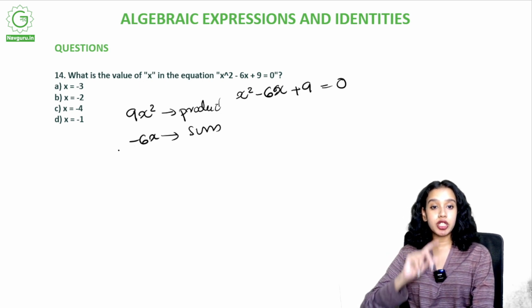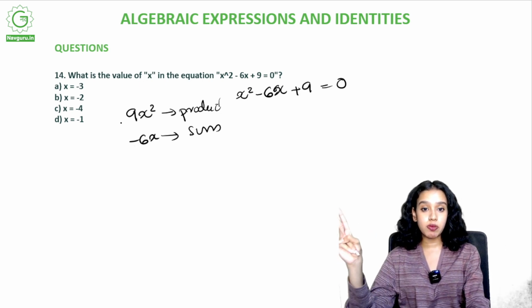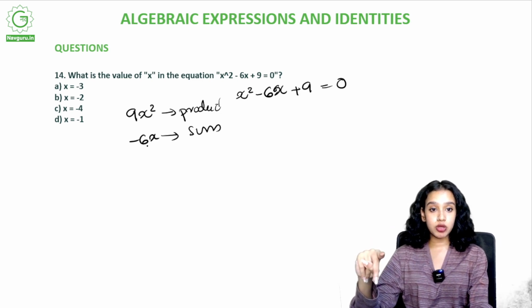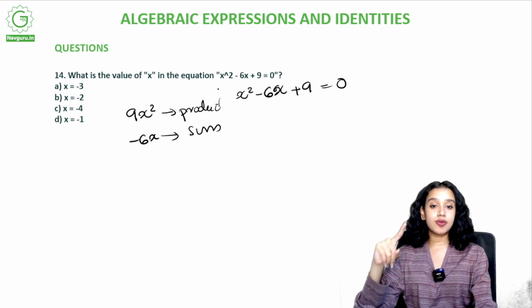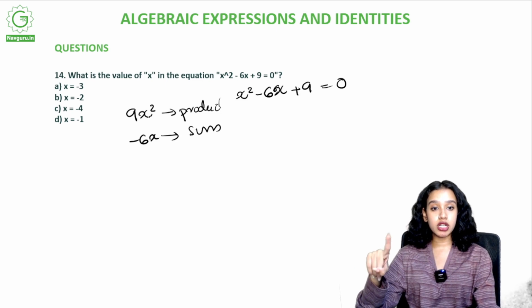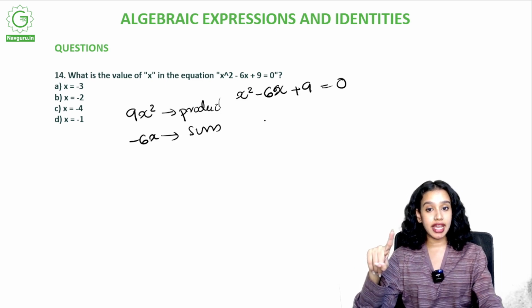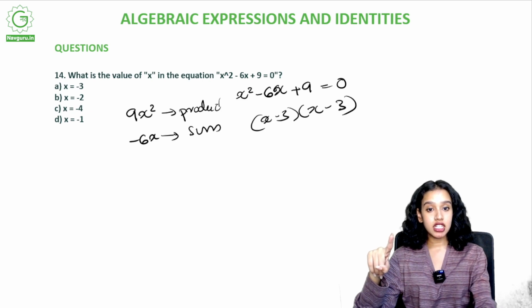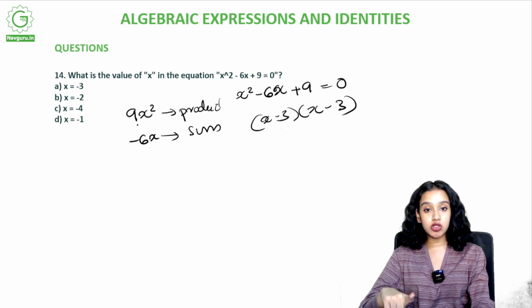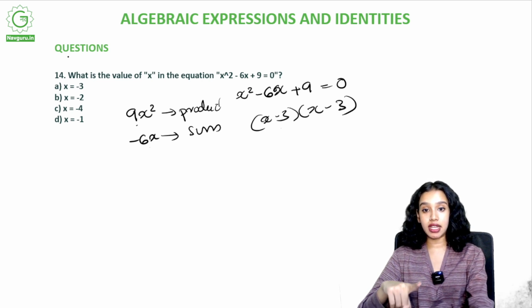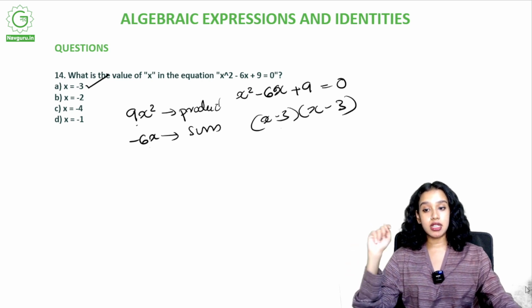So again, it should be two negative numbers, so that the product is positive and the sum is negative. So we could say x minus 3 into x minus 3, right? Because minus 3 and minus 3 gives us minus 6, and minus 3 into minus 3 gives us 9. So the answer is 3.